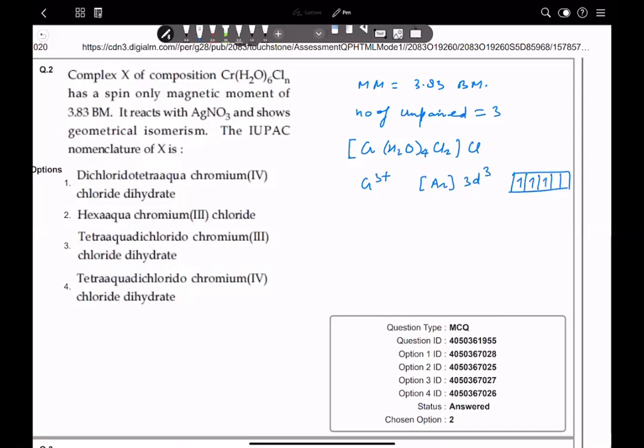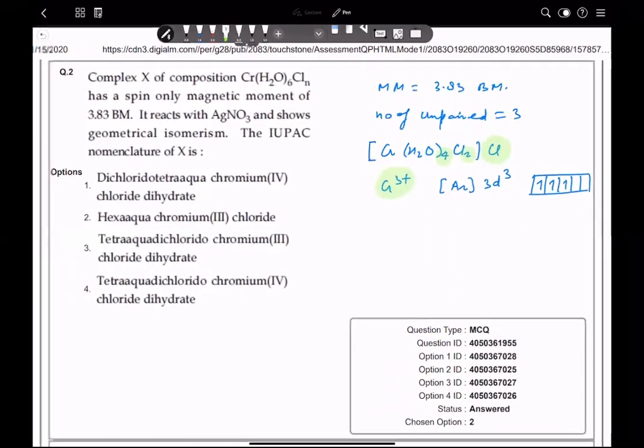To remove 3 electrons, the configuration will be 3d3. So this confirms that the chromium oxidation state is plus 3. With this chloride ion, it will show a white precipitate. And with these 4 water and 2 Cl, it will show geometrical isomerism also. So this can be a possible formula. Right? So this is a possible formula.